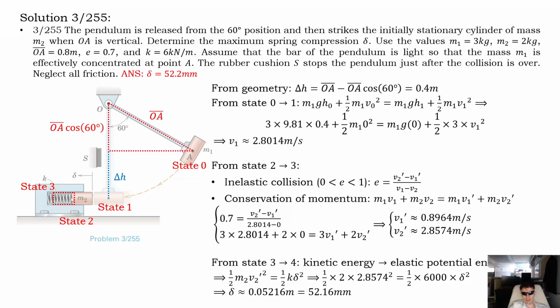And after that, M2 goes to the left side and it will press the spring. It will apply forces to the spring. So now we need to use the kinetic energy, the work energy equation that I gave you before.